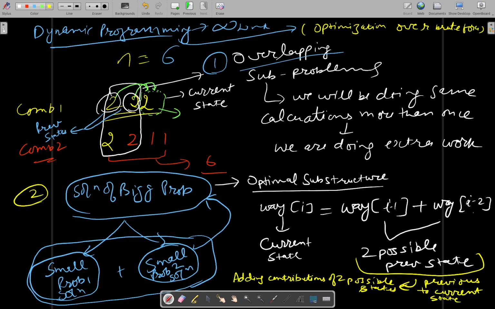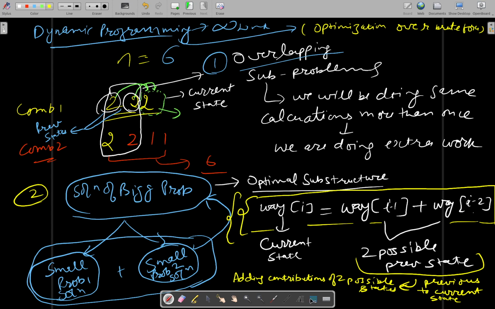So this is what we are doing here, and we have a transition equation for our dynamic programming approach. This is the transition equation, how you will be transitioning from one state to another.